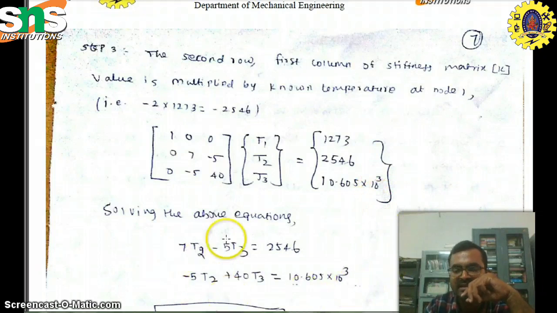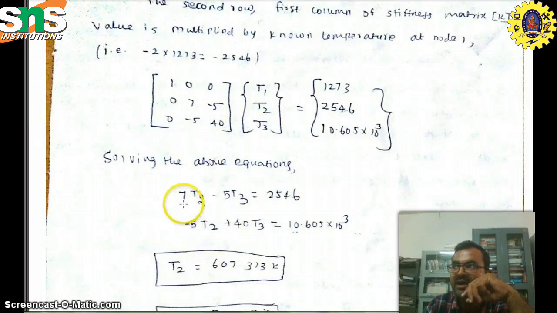By using a calculator we can directly solve these two equations to get the T2 and T3 values. Or we can multiply this equation by 5 and this equation by 7, so we can easily eliminate the T2 values, and only the T3 value remains. So we can easily solve these equations.